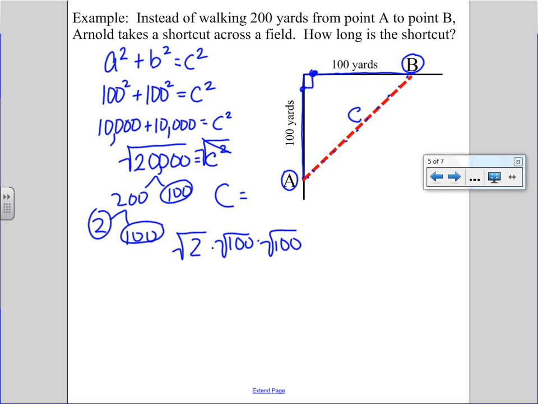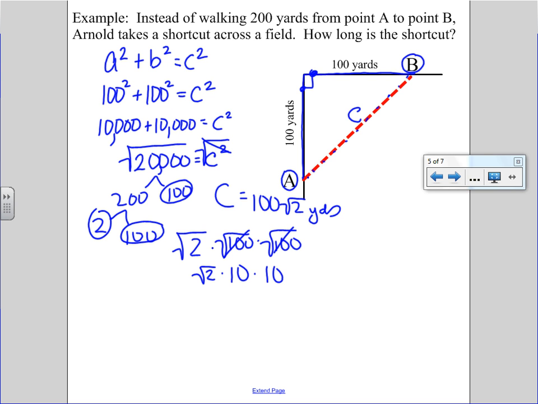Well, radical 100 times radical 100 is equal to 10. So I have 10 times 10 times that radical 2, which gives me 10 times 10 is 100, and then I have radical 2 yards.